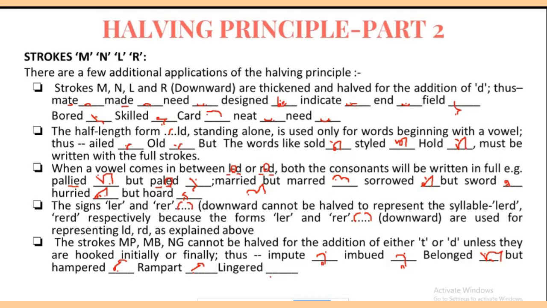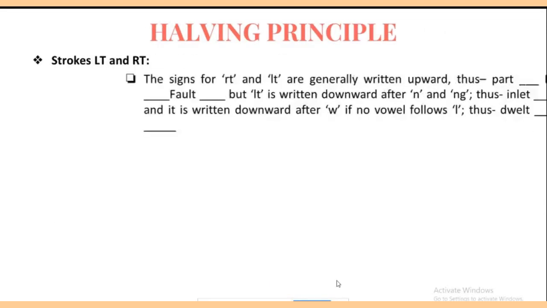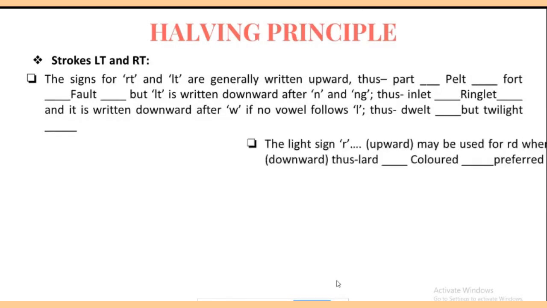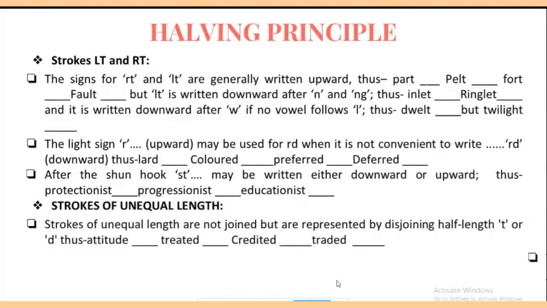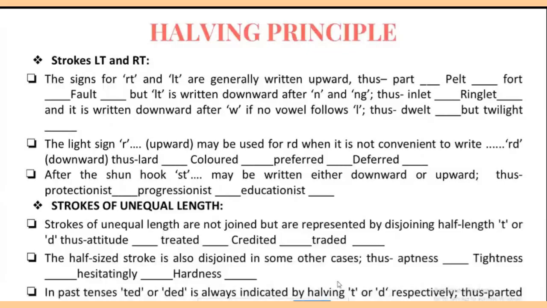In case of lingered, ling, ing half for the addition of D. Then strokes L, T, and RT. The signs for RT and LT are generally written upward. Thus, part.